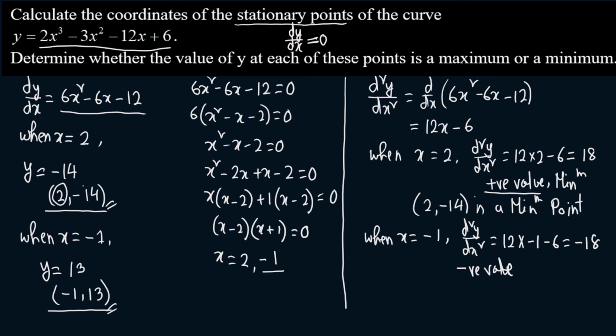A negative value stands for the maximum point. So we can conclude here that minus 1 comma 13 is a maximum point. So this is our total working of this expression.